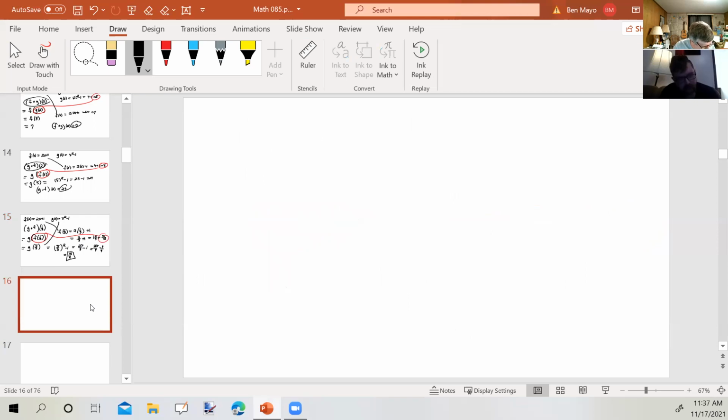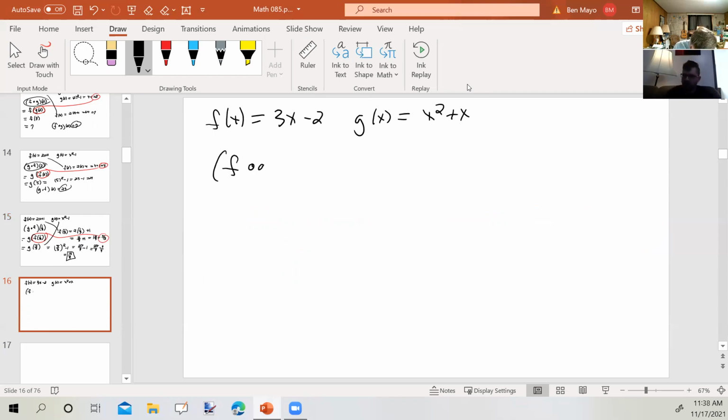Here's some more examples. Now, let f of x equal 3x minus 2 and g of x equal x squared plus x. Find each of the following. Let's find f composed with g of x. So before we've been putting in a specific value of x, now we're just going to leave it as x.